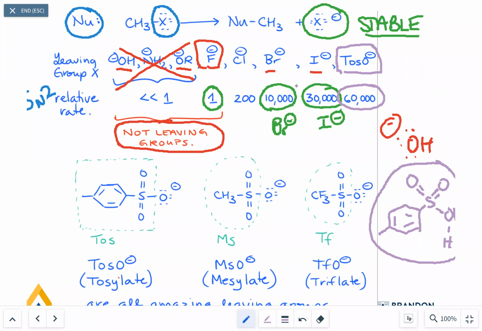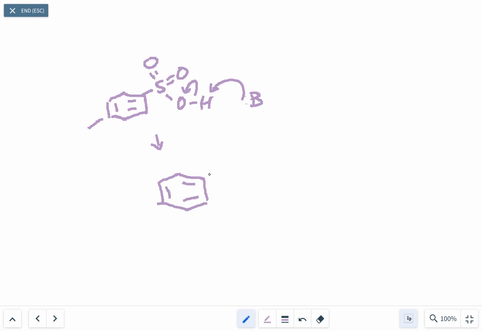So remember, sulfonic acids were one of the strongest acids that there are. And why were they the strongest acids that they are? Because once you deprotonate them, so we got some base, you generated a conjugate base here.